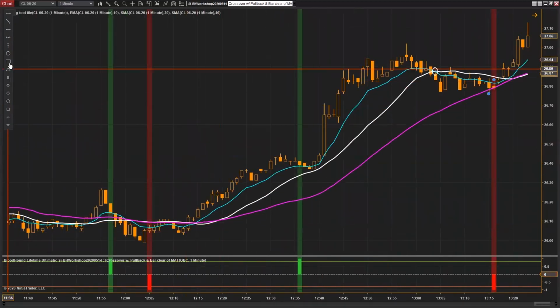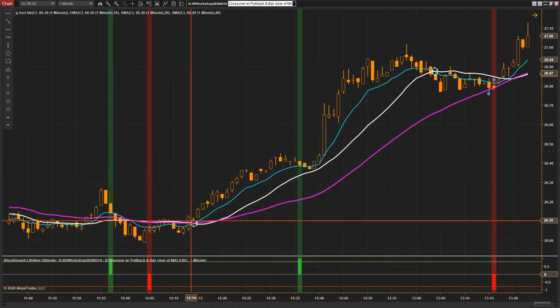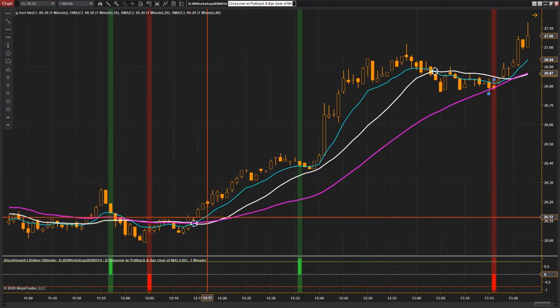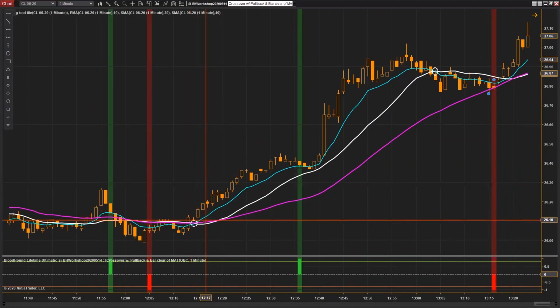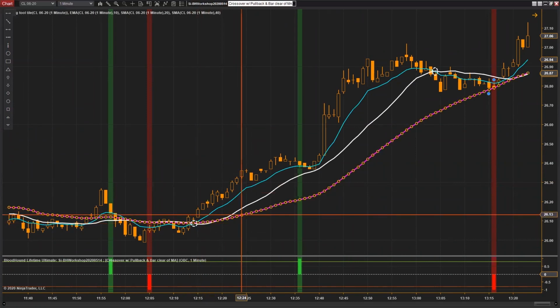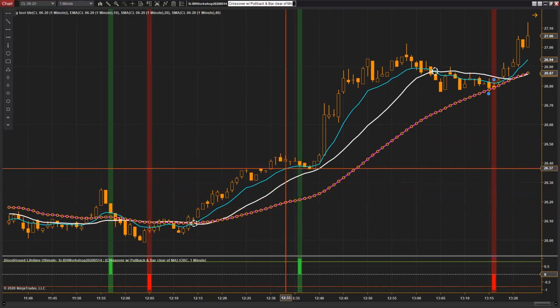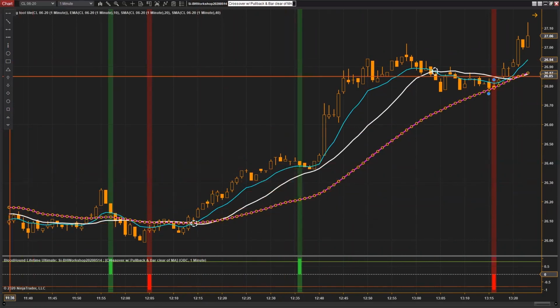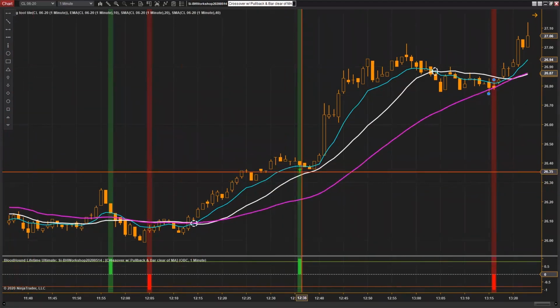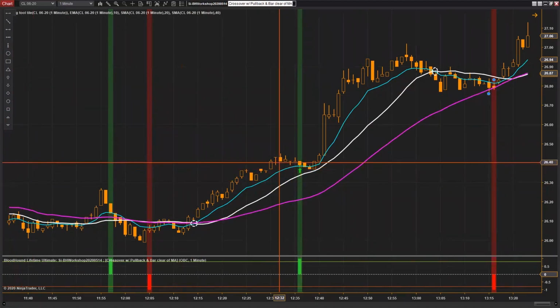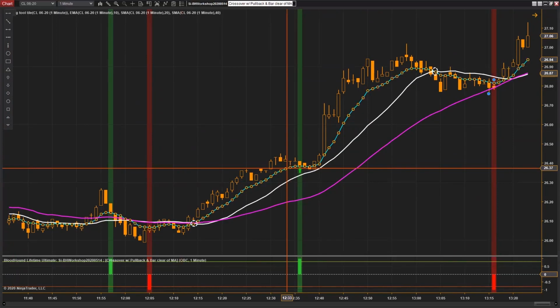Let's see what we have here. We have a crossover. Prices are above the slow moving average. And then as soon as price comes back and touches our EMA 10, then we're good to go.